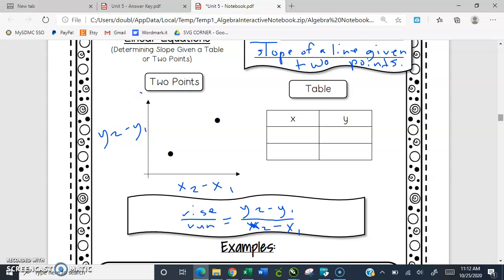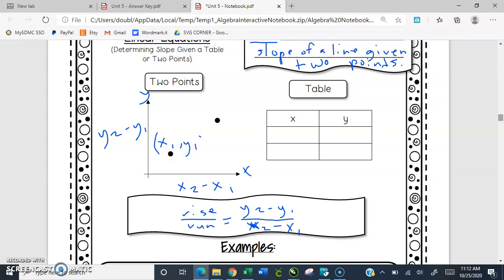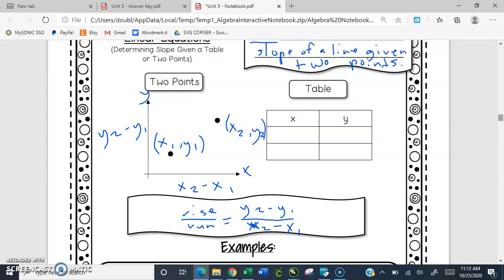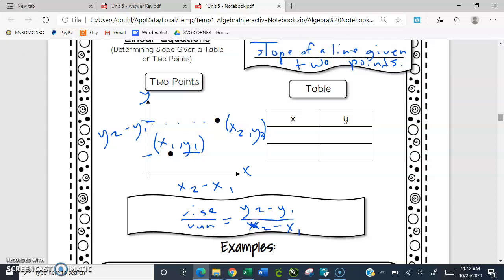So this is our y-axis, this is our x-axis. Our x1 and y1 is here, and our x2 and y2 is here. So I can go up here and figure out what our y1 is, and then go up here and figure out what our y2 is.